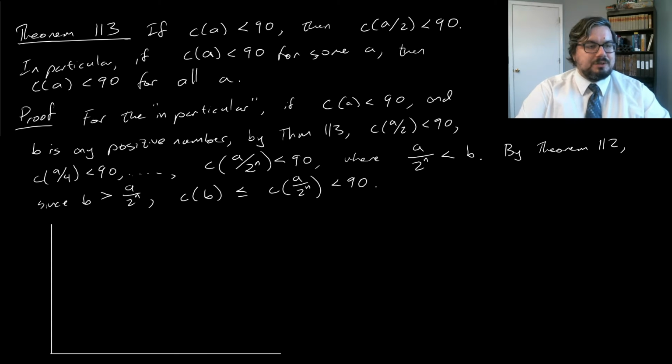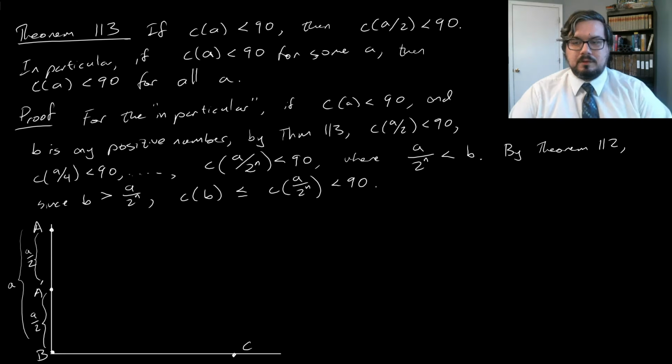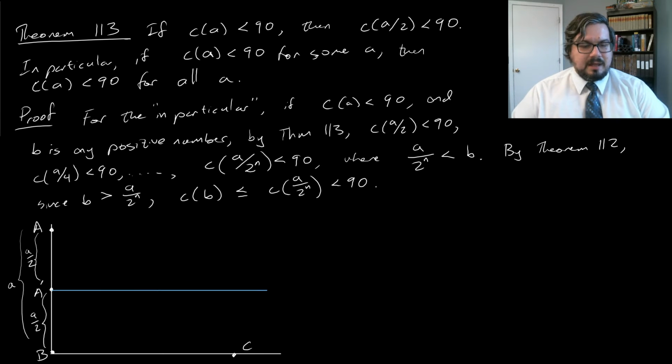So what we're going to do is set up the following diagram. BAC, have A prime here, so that the distance from B to A is A, and the distance from B to A prime is A over 2. Now let L be the line that goes through A prime and is parallel to the line BC.